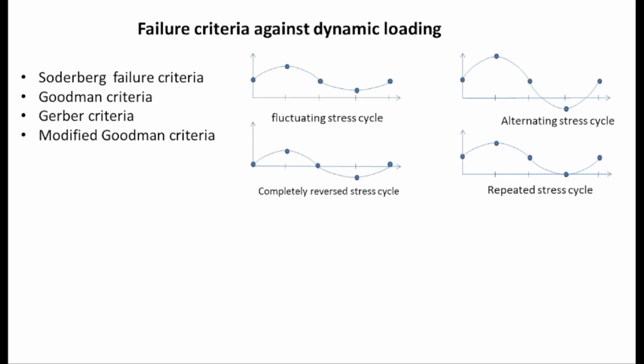The first one is fluctuating load, and the cycle of the stress for that is called fluctuating stress cycle. You can see at 0 the stress because of the load is at this point. Now at pi by 2 the load has changed, and because of that the stress at that point has increased. So this is that stress. You can see it is greater than the previous stress.